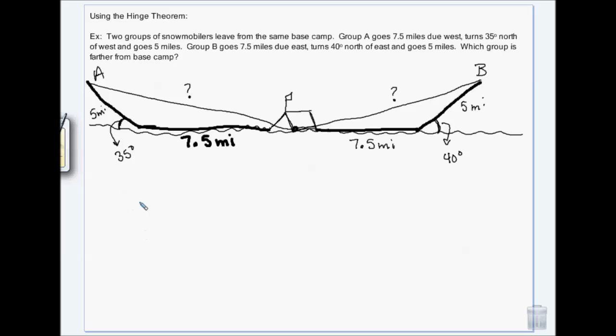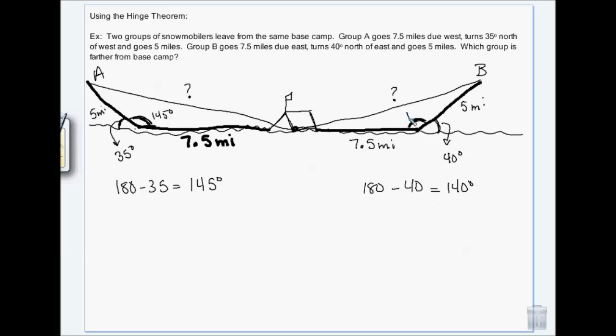Group A, I think. First of all, we need to know these two lengths are the same, right? But we have to find the included angle. So it's easy, minus 180 from the number. So I take 35 and I subtract it from 180, and that gives me 145. So that makes this angle 145. And then I take 180 and I subtract 40, and that gives me 140.